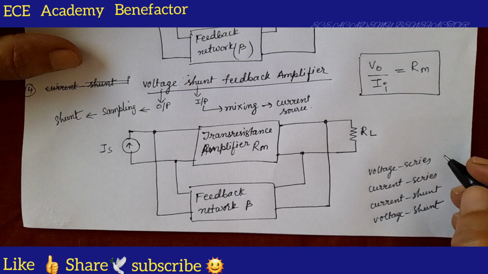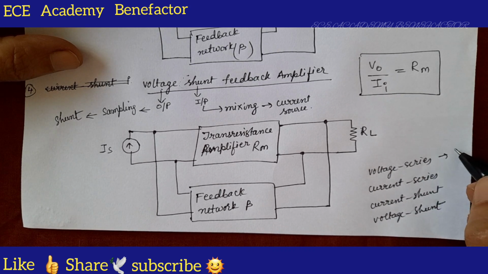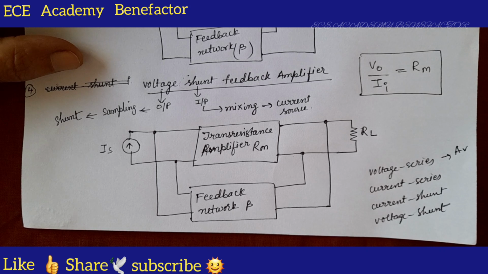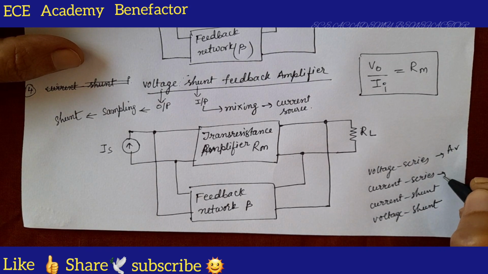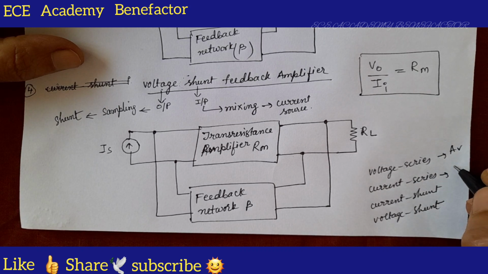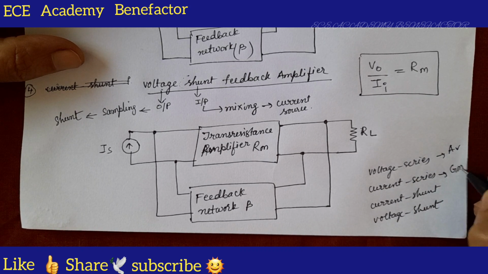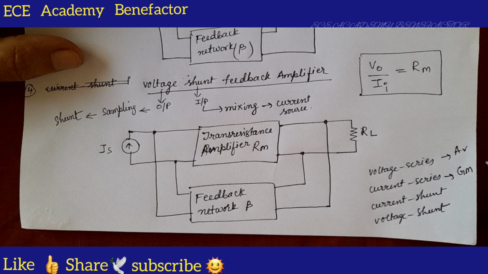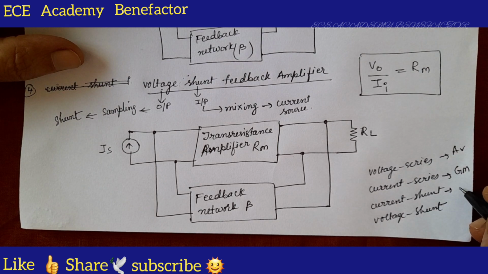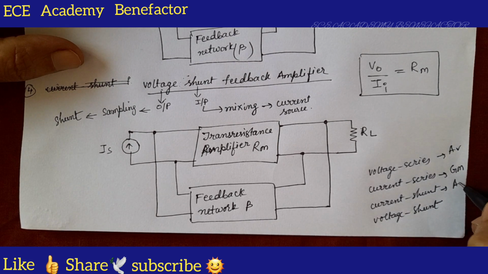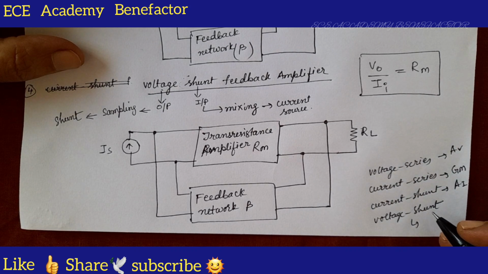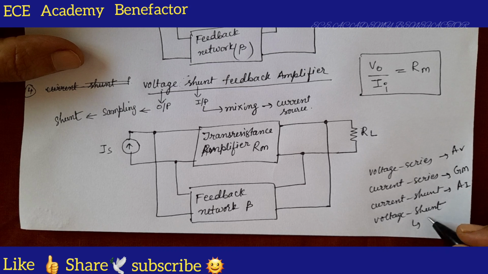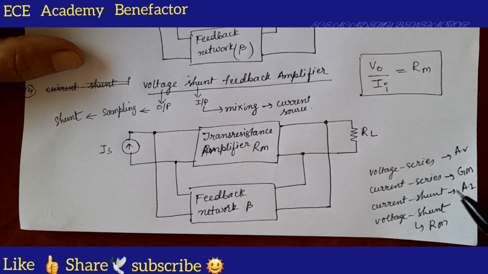The basic amplifier for voltage series is a voltage amplifier of gain AV. For current series, we need to use a transconductance amplifier of gain GM. For current shunt, the basic amplifier used is a current amplifier of gain AI. Voltage shunt, transresistance amplifier of resistance RM.